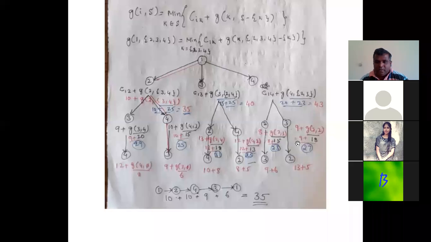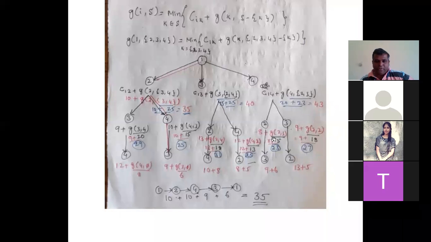Now similarly when you reach 4, C 1 4 plus G of 4 comma 2, 3. C 1 4 is 20. So G of 4 comma 2, 3 is C 4 2, which is 8, plus G of 2 comma 3.